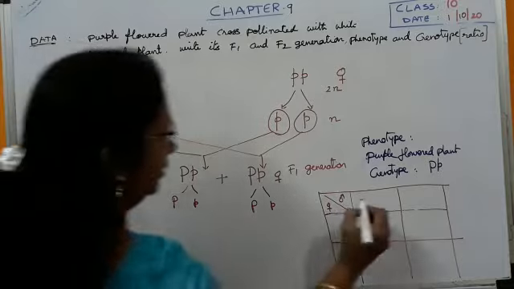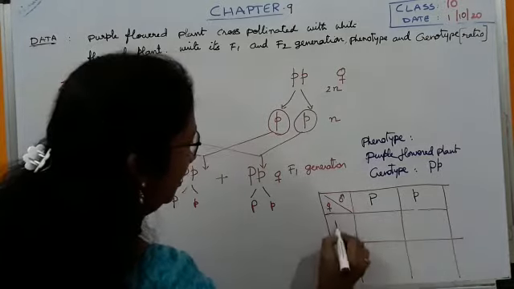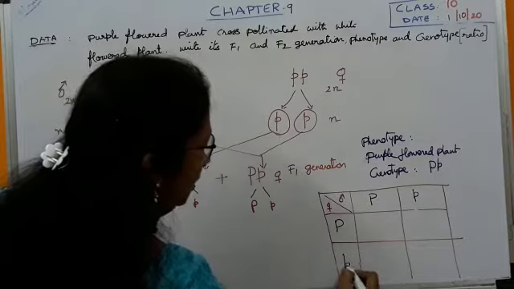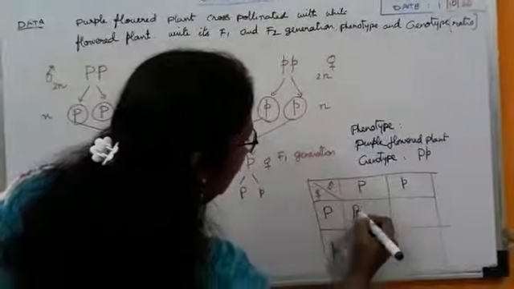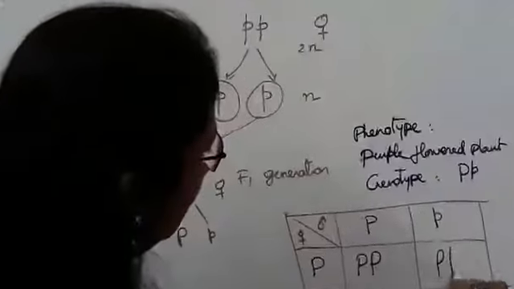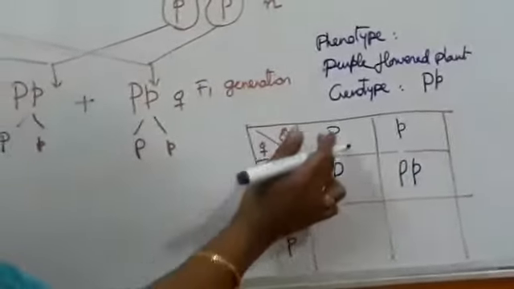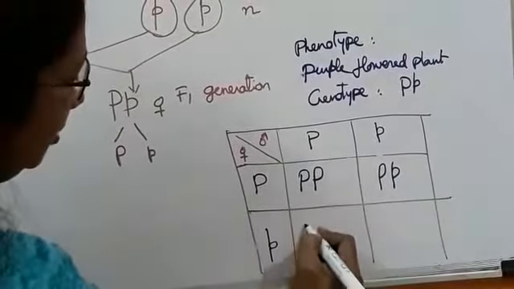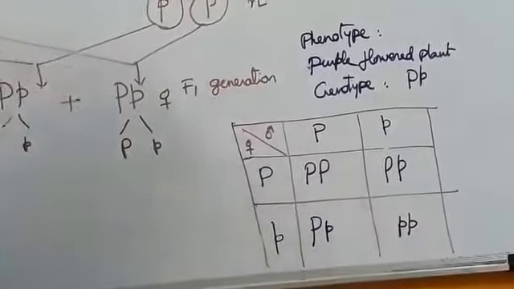Male: capital P, small p. Female: capital P, small p. With this P and this P, you write capital P, capital P. Then capital P, small p. Where small p is there, first you have to write the capital letter; that is another rule. Capital P, small p, and small p, small p.